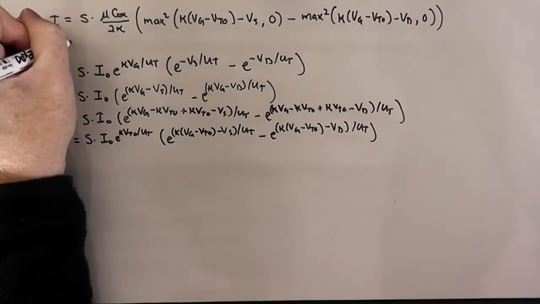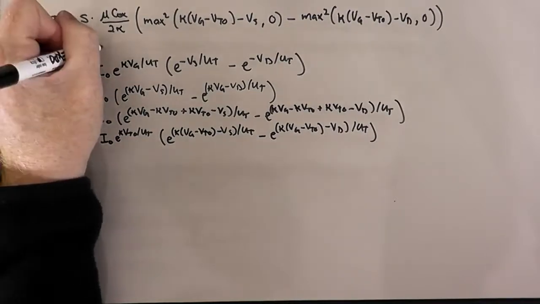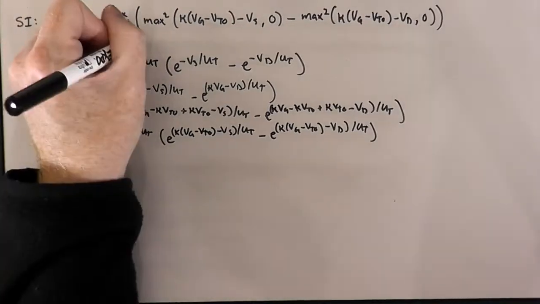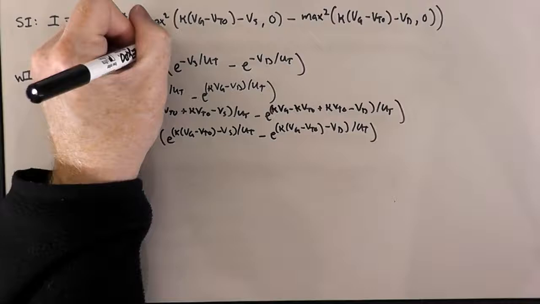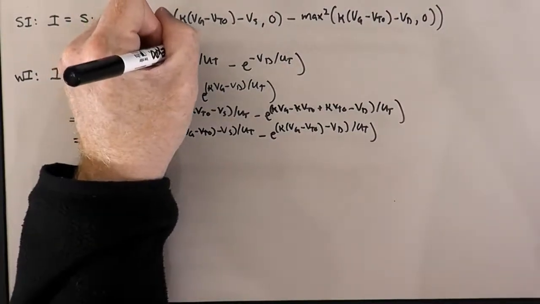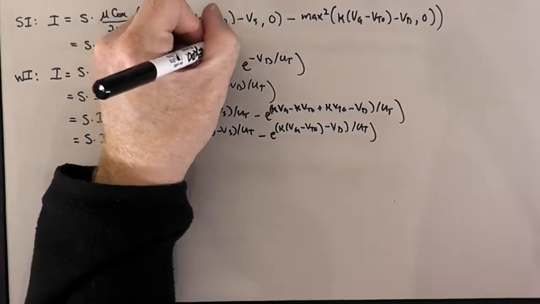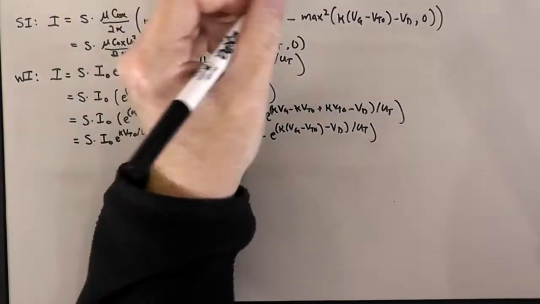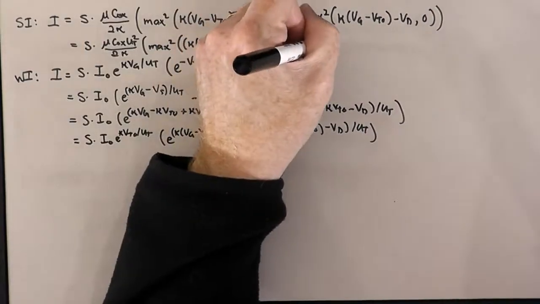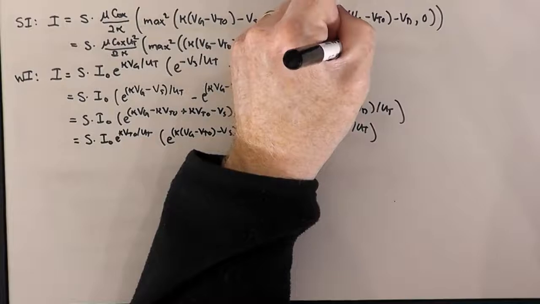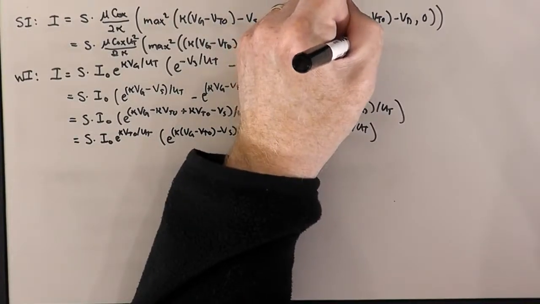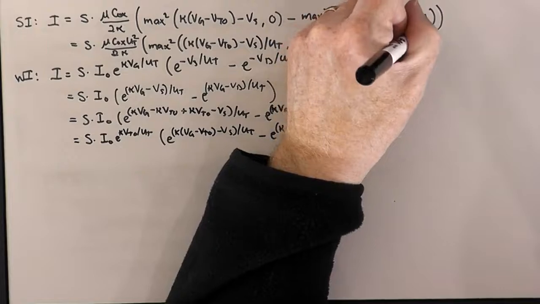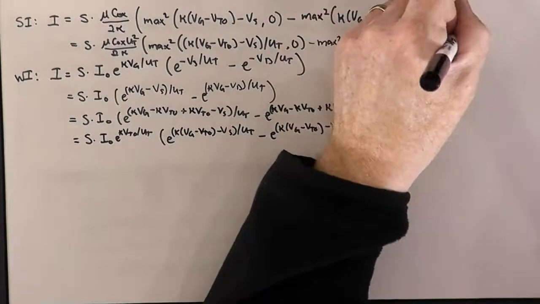So we can rewrite this strong inversion current as S times mu Cox Ut squared over 2 kappa times max squared of kappa Vg minus Vt0 minus Vs over Ut, comma 0, minus max squared of kappa Vg minus Vt0 minus Vd over Ut, comma 0.